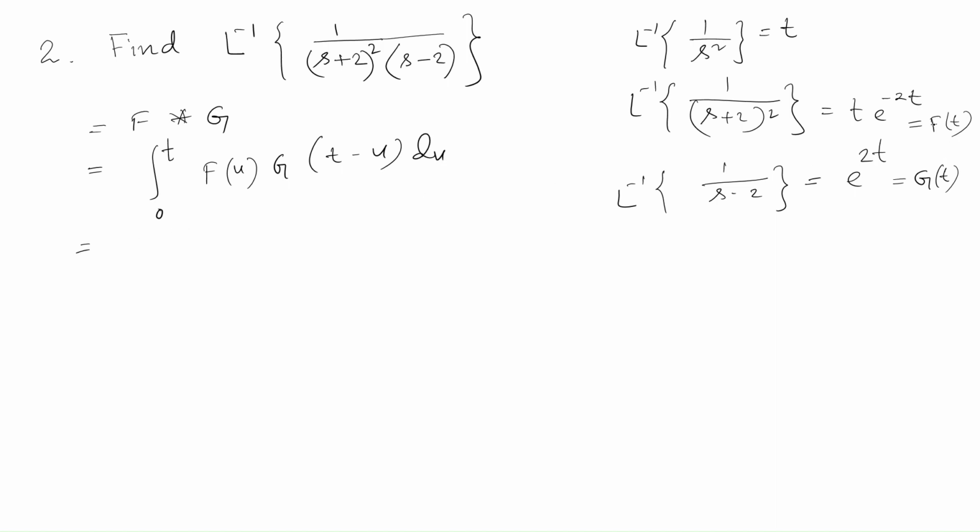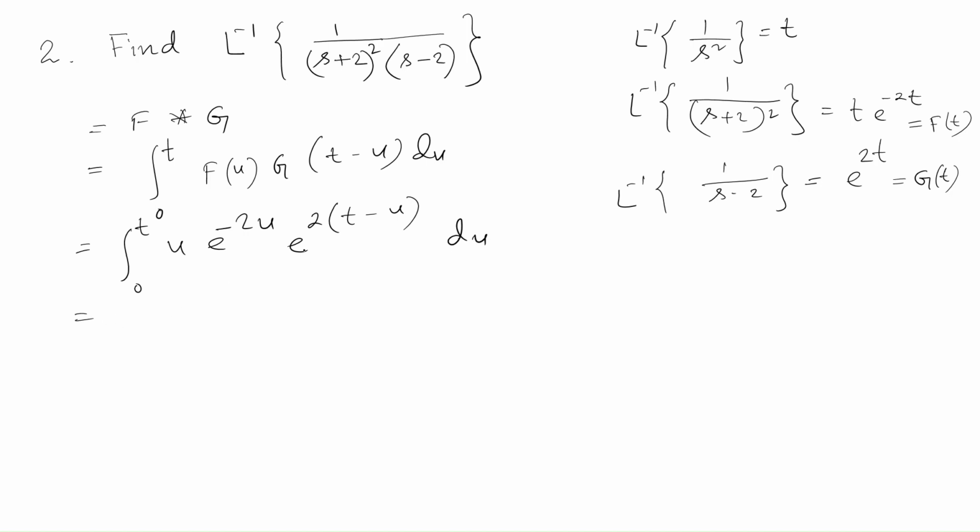We have the function f(t) as t e power minus twice t, so f(u) equals u e power minus twice u, 0 to t u e power minus twice u. And we have the function g(t) as e power twice t, so here we'll have e power twice (t minus u) du.